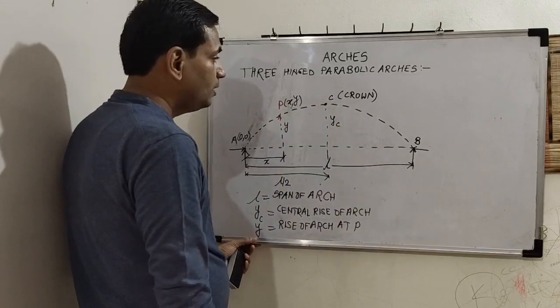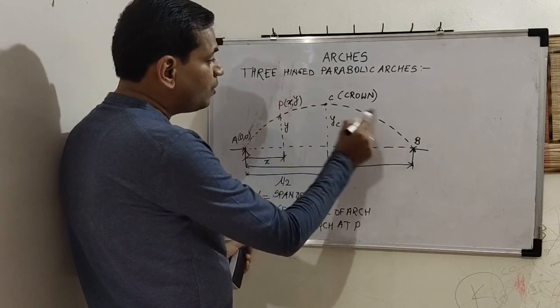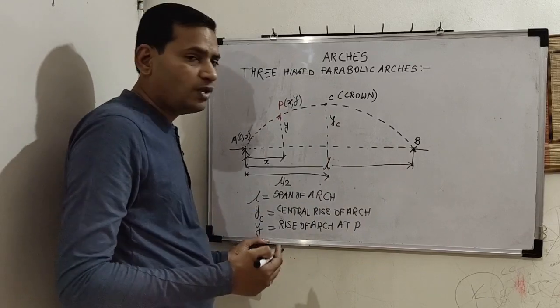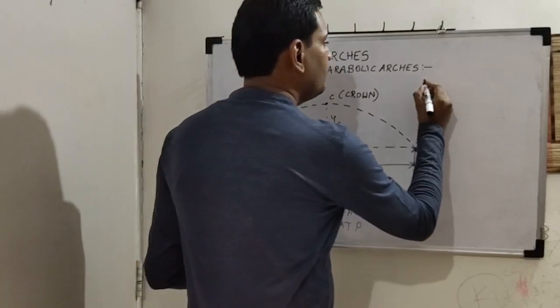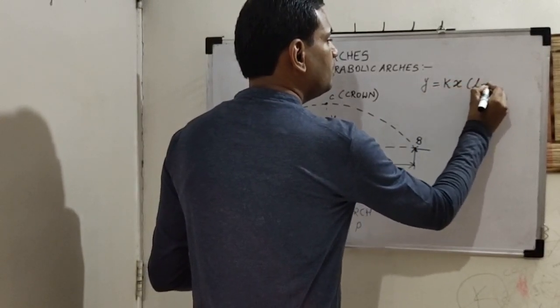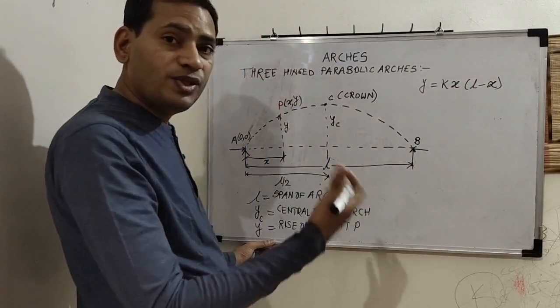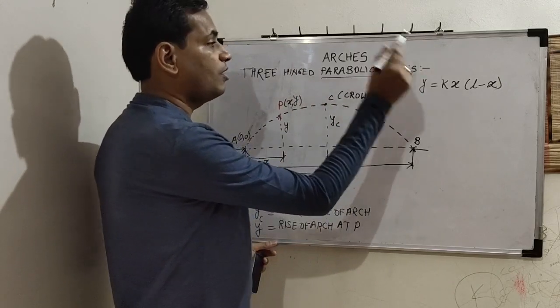Okay. Now since this is a parabola, this dotted line is a parabola, we already know mathematically what is the equation of this parabolic line. That equation is y is equal to kx into L minus x. Okay, we just have to develop this equation for parabolic arch.